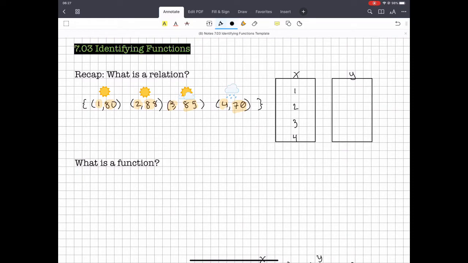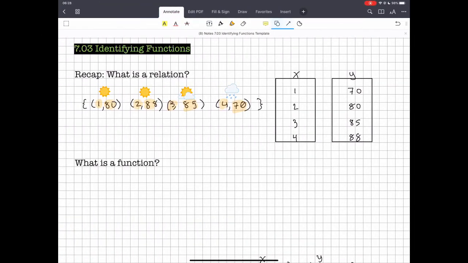But we also had to do that with the temperatures too, in ascending order. So the first number in the y box is not 80, it's 70. Then it's 80, then 85, and 88. So these boxes are used to organize the values, and we do it in ascending order.